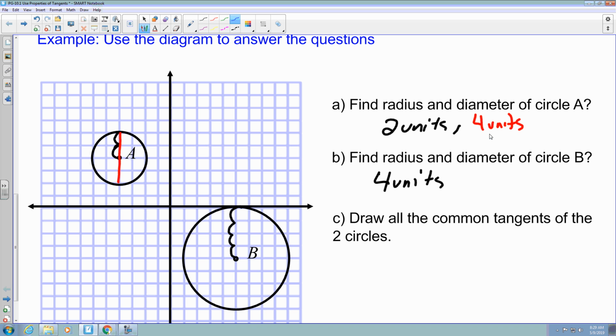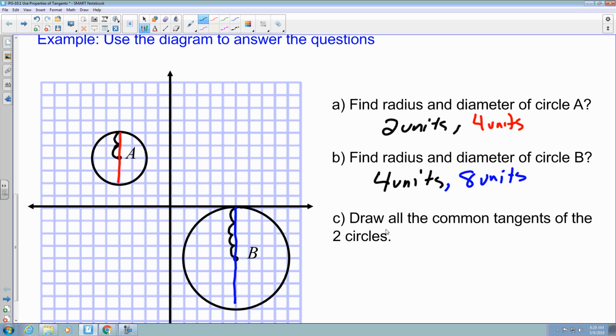And looking at the diameter, we have 1, 2, 3, 4, 5, 6, 7, 8. So if you can see a pattern, it appears that the diameter is always going to be twice the size of our radius. Most of you guys knew that.